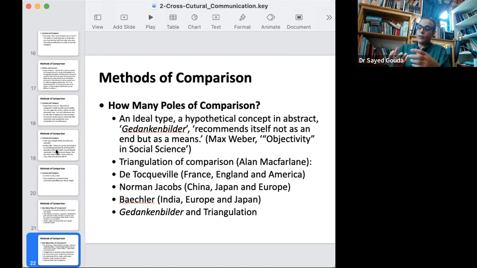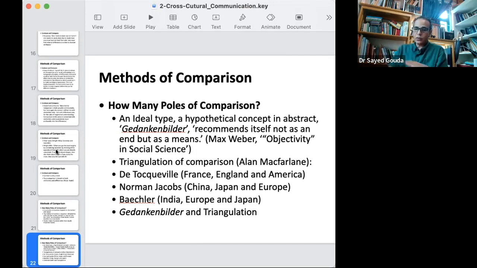Why? Because Japan has similarities and dissimilarities with both sides. Japan is similar to China in that it is an Asian country, and it is similar to America also because it's very westernized. So in a way, it falls in the middle between China and America.